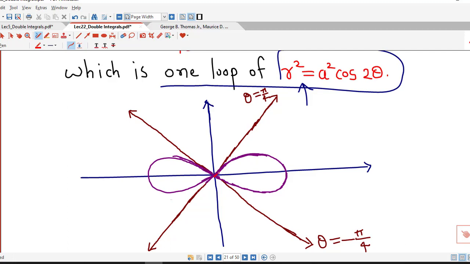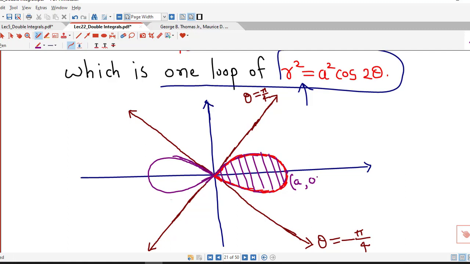So we consider this loop for integration. We will integrate our function over this loop. So the region of integration is the region which is bounded by this one loop of the lemniscate r square equal to a square cos 2 theta.